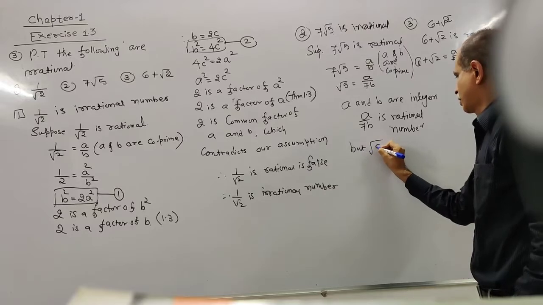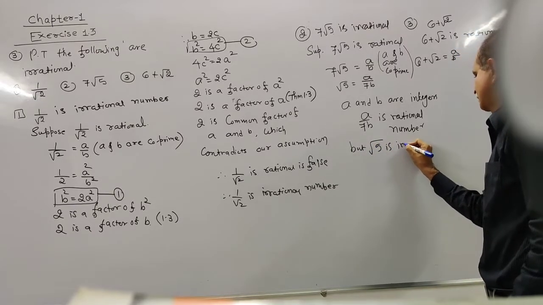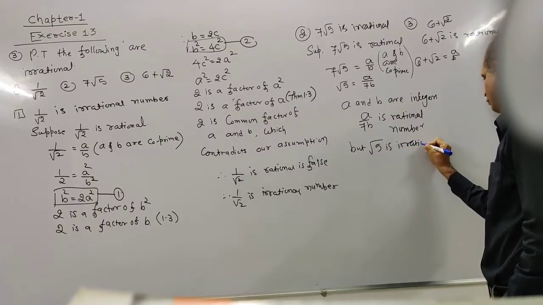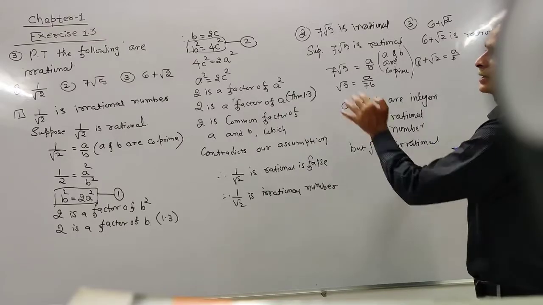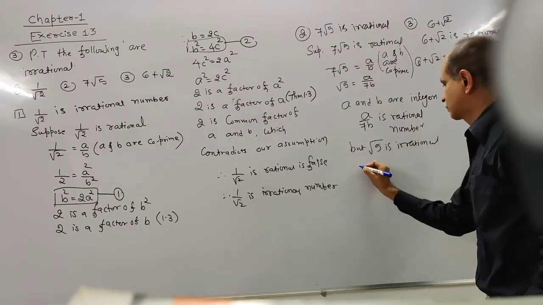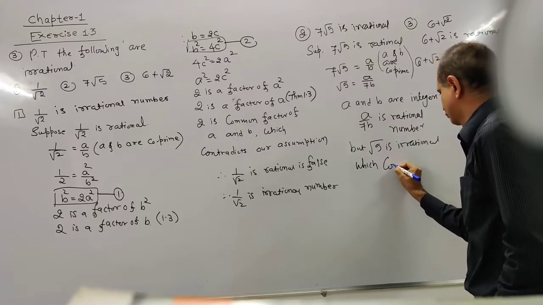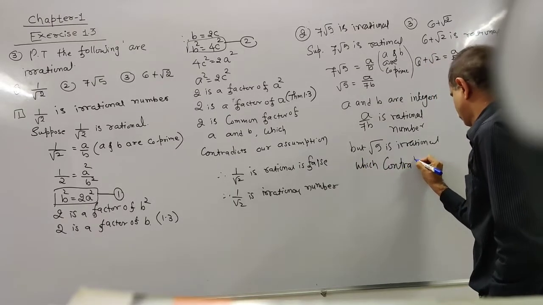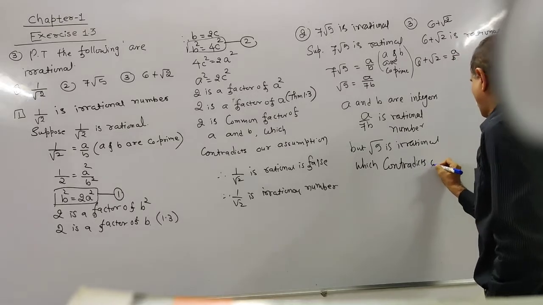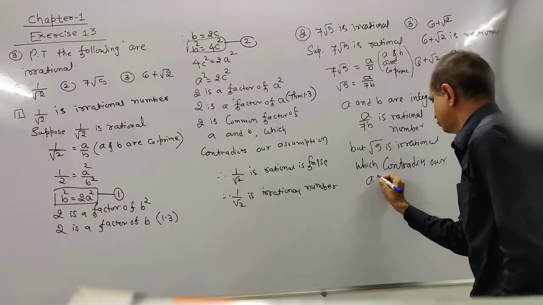But under root 5 is irrational, we have proved this thing in the first example, and that's why, which contradicts our assumption.